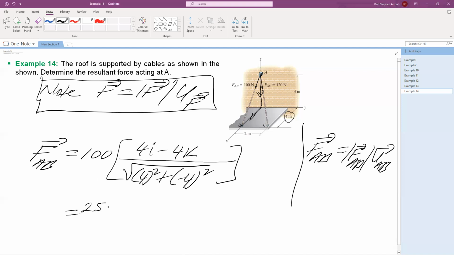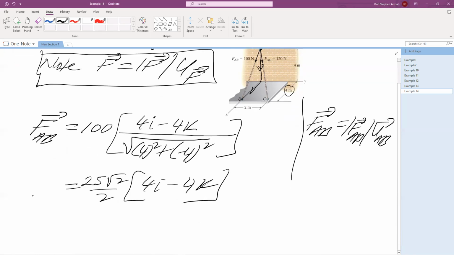This is like 25 root 2 over 2, all times 4I minus 4K. Some of you can express it in decimal. We can write this with the 2 going here, so easily we can write this as root 2, and that's like 50I minus 50K.